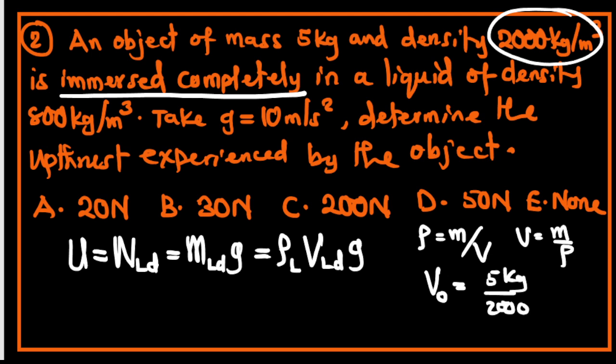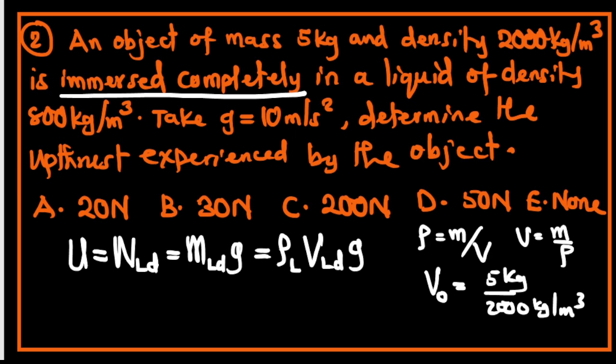No. Hold on. The density in this formula here is not 2000. The density of the liquid is actually what? 800. What they gave us as 2000 is the density of the object itself, kilogram per meter cube.